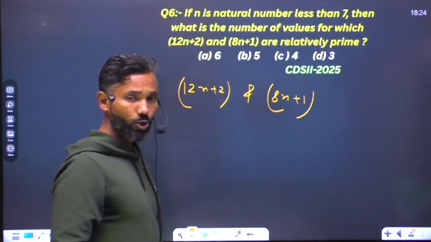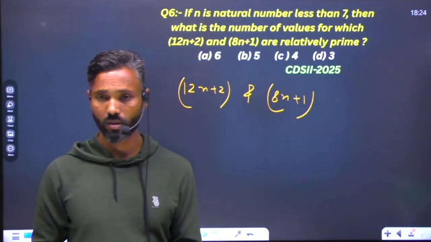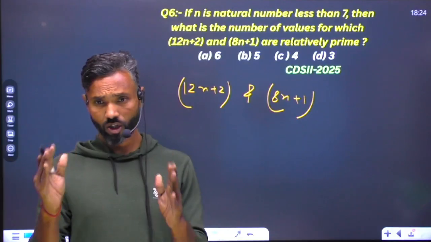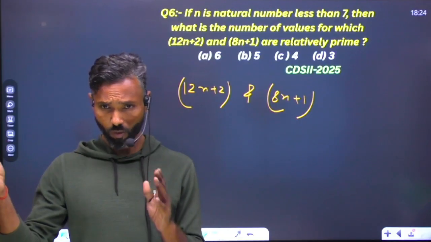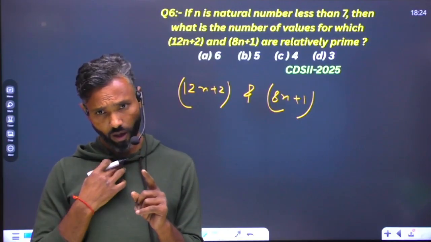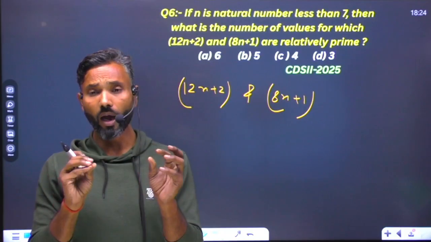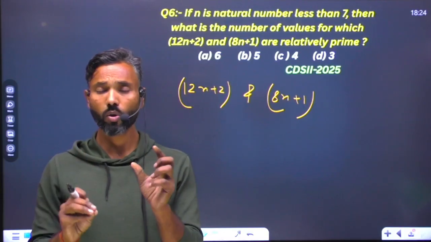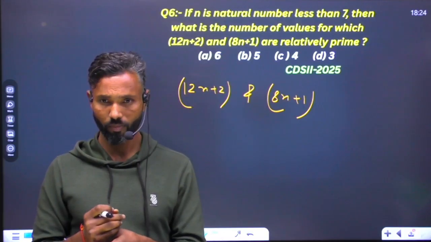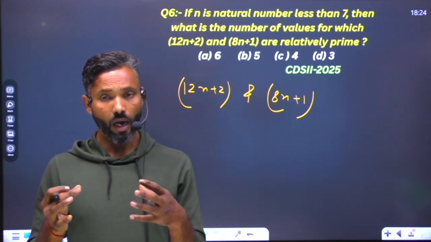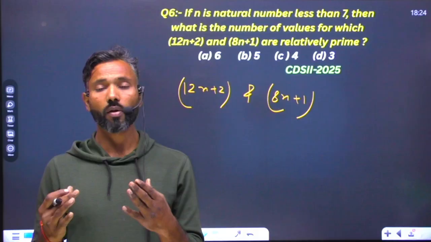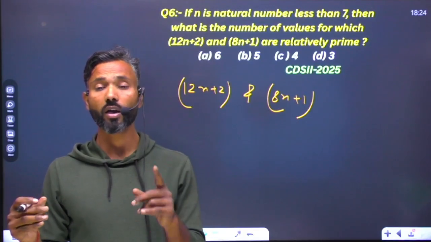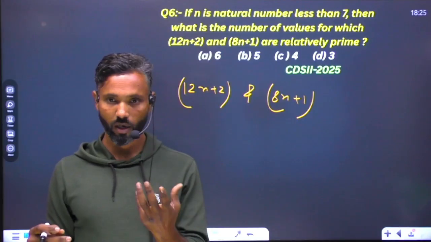Firstly, you should know what relatively prime numbers are. The numbers having highest common factor, HCF, equal to only 1 are known as relatively prime numbers. If there are two different numbers and their highest common factor is 1, those are relatively prime numbers.